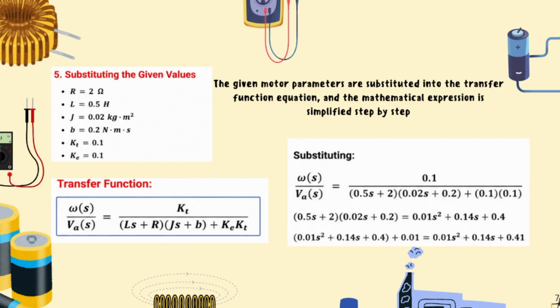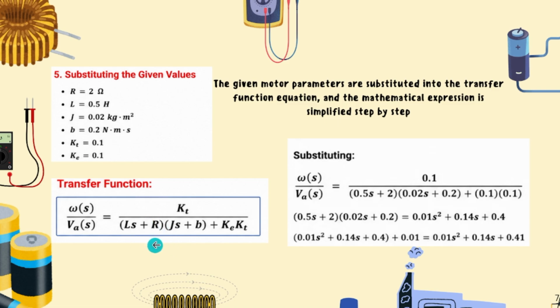So let's move to this slide to explain all the substituted values that have been given in the requirement. The given motor parameters are substituted into the transfer function equation. The values include the armature resistance, inductance, inertia, damping coefficient, and motor constant.